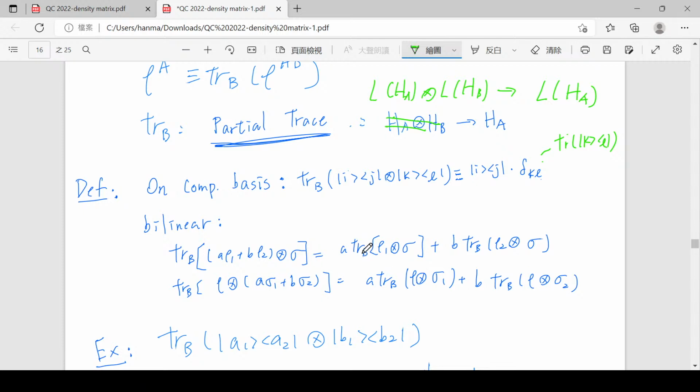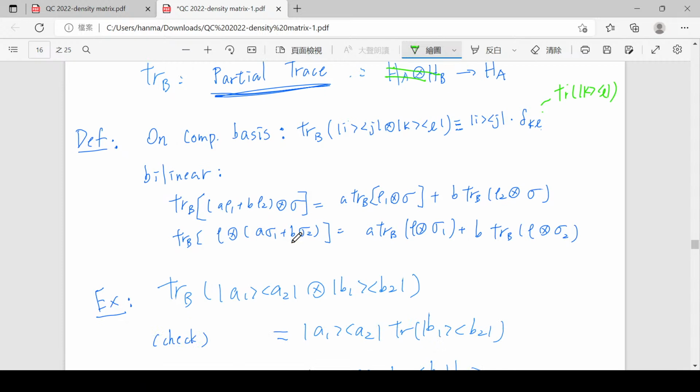It's A times partial trace of rho 1 tensor sigma, plus B times partial trace of rho 2 tensor sigma. And also it's linear on the B part. So if the B part is A sigma 1 plus B sigma 2, then you have A partial trace of the first plus B partial trace of the second.